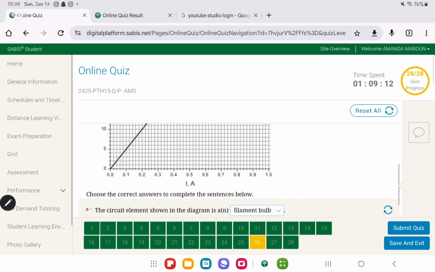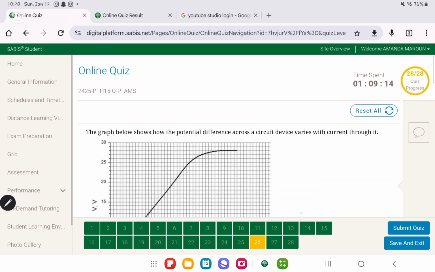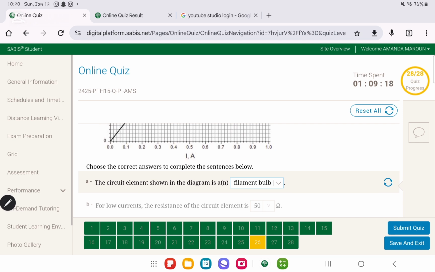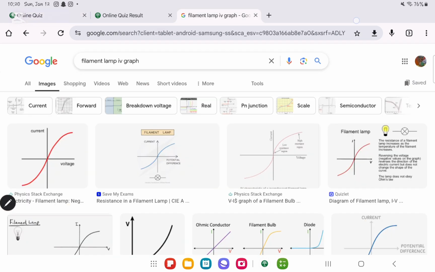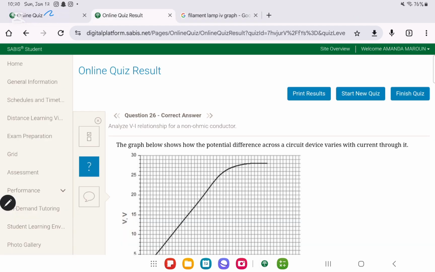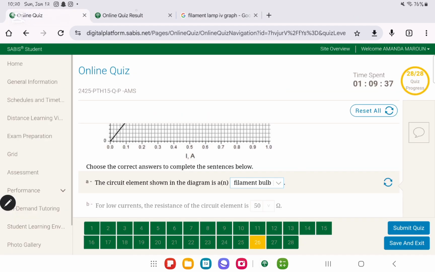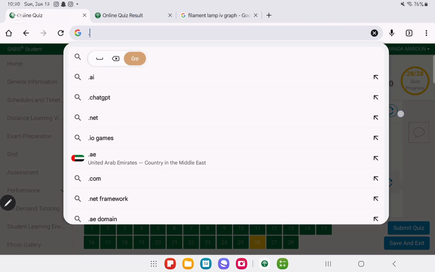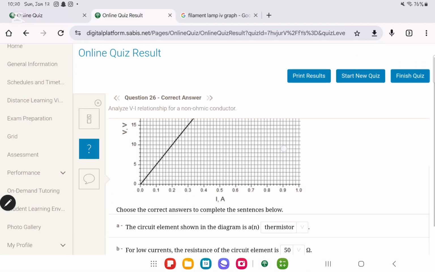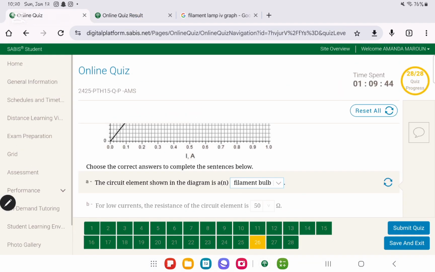Okay, so I believe this question is wrong, okay, because this is supposed to be a filament bulb. So let me just search it up 1 second. So if you notice, this is what the filament lamp IV graph looks like, okay, and I opened the answers, my bad, I opened the answers, it said the answer is thermistor, so definitely this in the quiz is wrong.